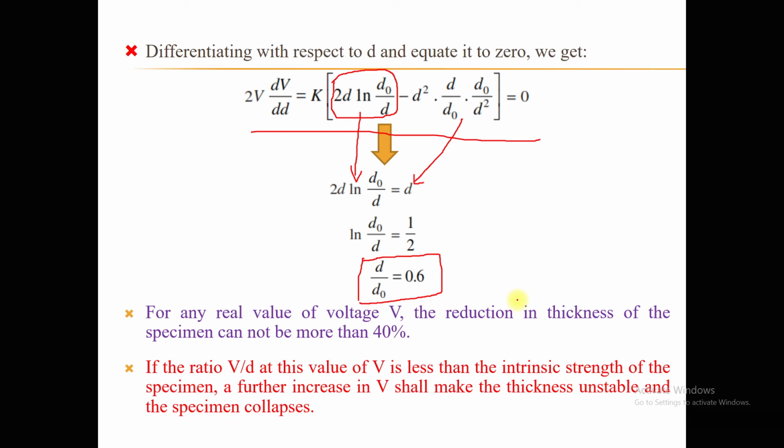Okay, so ultimately if the magnitude of the applied voltage is unable to further press the material, then we cannot observe the damaging effect to the solid dielectric. But if suppose the voltage is tremendously large and more than its intrinsic strength, then the material collapses.